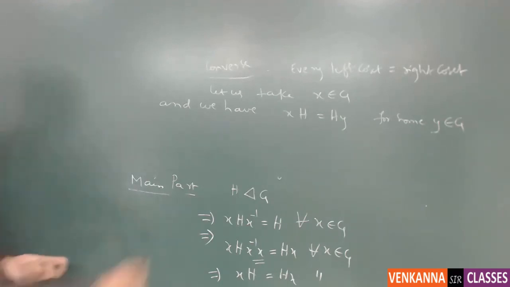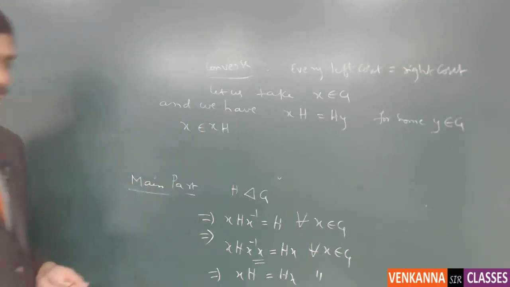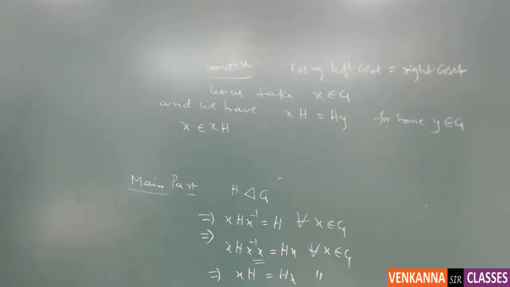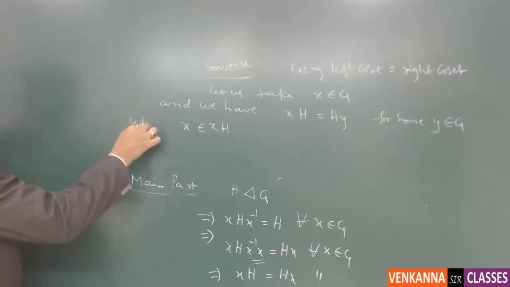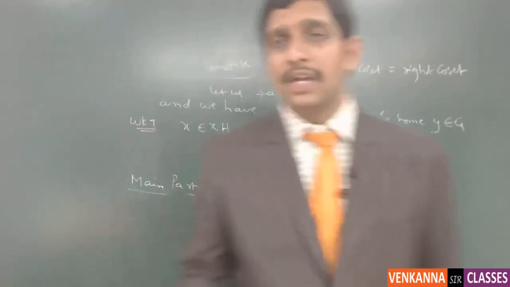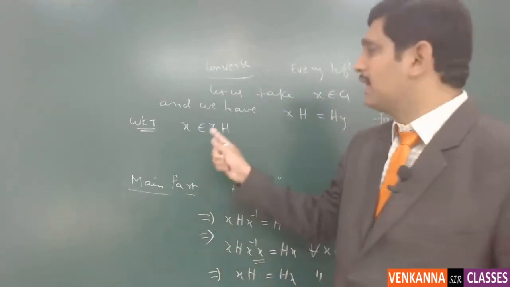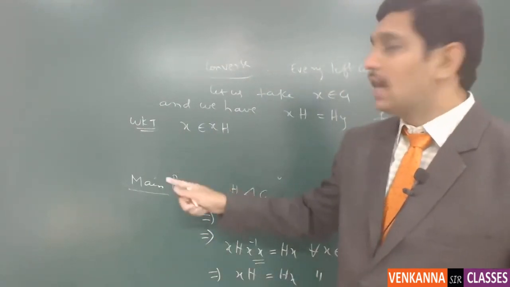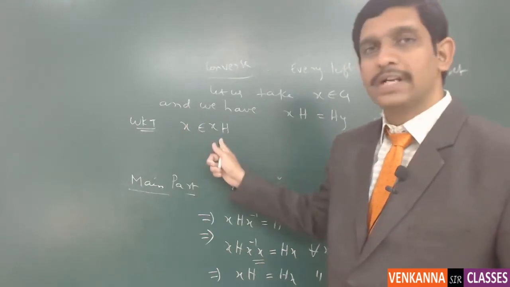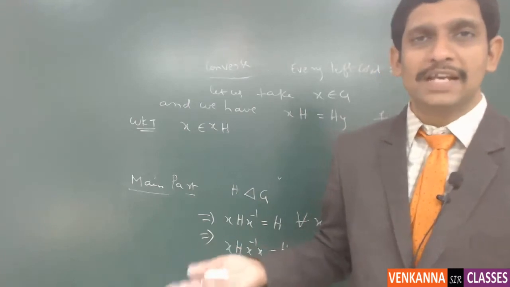Now, can I say that x belongs to xH? Do you agree with this value? x belongs to xH. That means whenever you write a coset, the coset is generated by the element x, so by default x should be there in that coset. If you have a doubt, you have constructed so many cosets in the previous class.